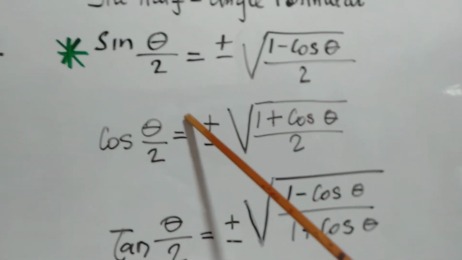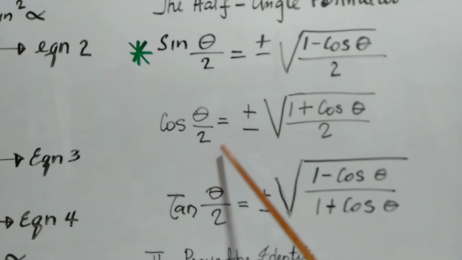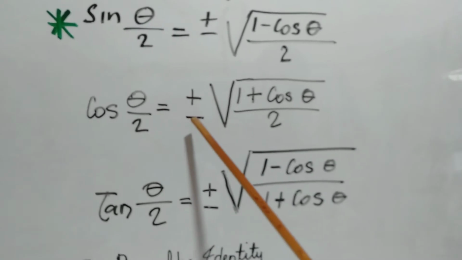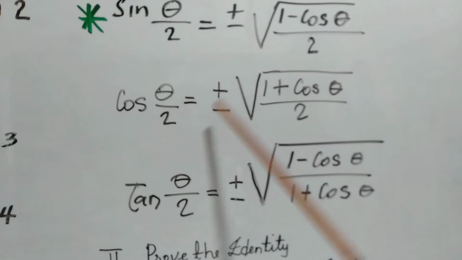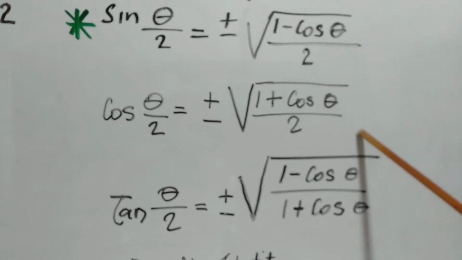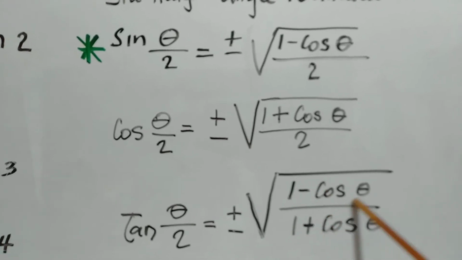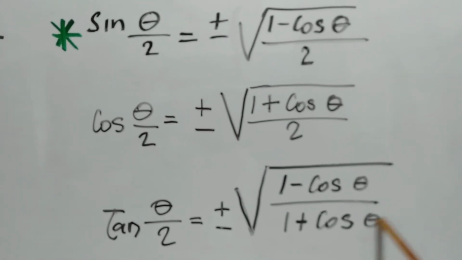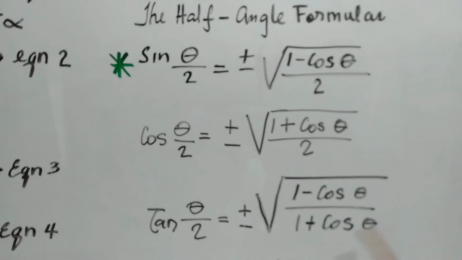Similarly, for cosine theta over 2, we just get the square root of both sides of the equation. We get plus or minus the square root of 1 plus cosine theta over 2. So this is also another half-angle formula, for cosine theta over 2. For tangent theta over 2, we will get plus or minus the square root of 1 minus cosine theta over 1 plus cosine theta.